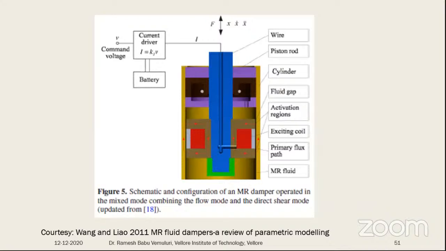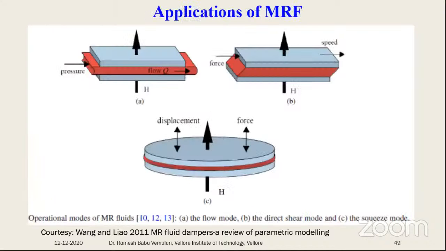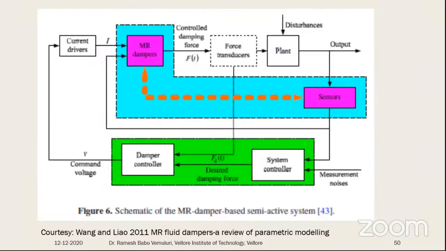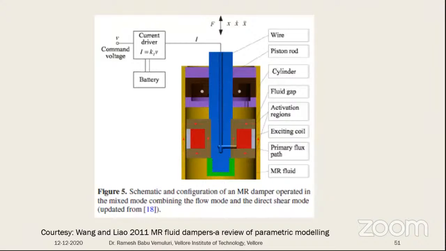Then the MR damper is operated in the mixed mode condition. Here we can see the mixed mode condition: the flow mode, the shear mode and the squeeze mode. So here we have both combinations. This mixed mode is a combination of the flow mode as well as the direct shear mode.